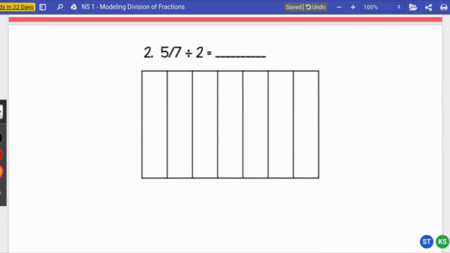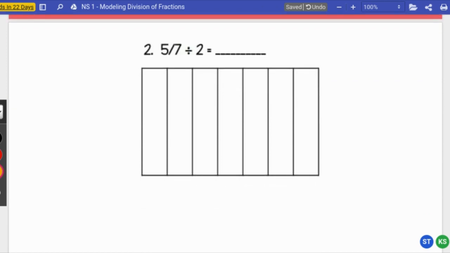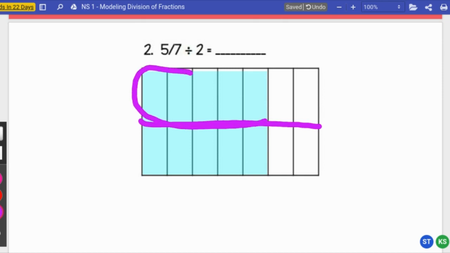Let's try another one. 5/7 divided by 2. So here's my whole divided into sevenths, but I only have 5 of them. So I'm going to shade in 5 because that's how much I actually have. And then I'm going to divide that into 2 equal size groups. And here's one group right here, and here's the other group right here.